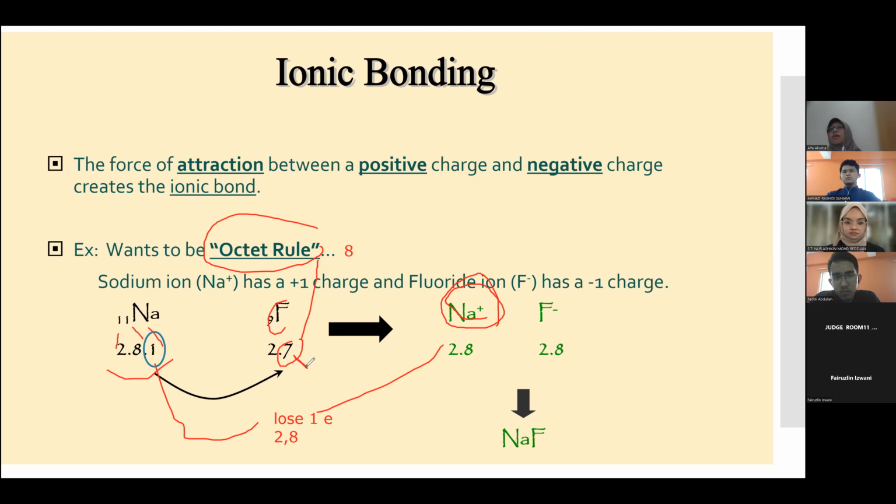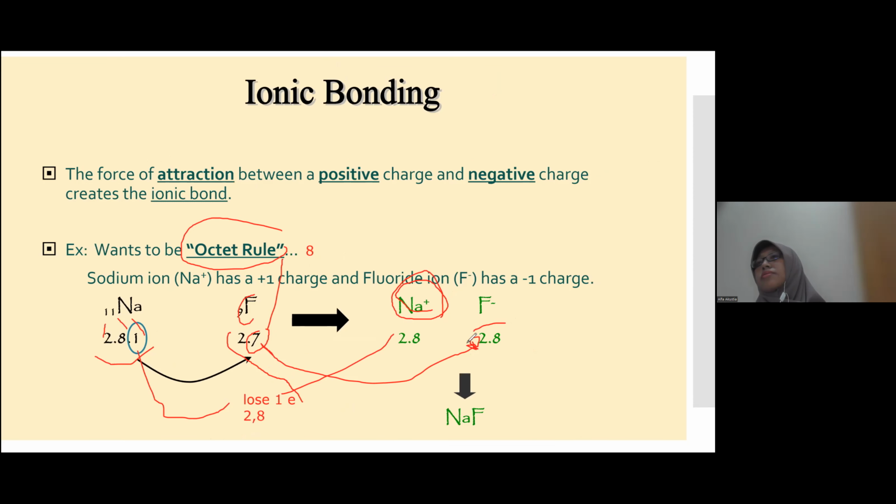It has to accept 1 electron to become 2 and 8. The sodium ion loses 1 electron and the fluoride ion accepts the electron from sodium to become 2 and 8. And now the sodium ion and fluoride ion are completely octet. There are 8 electrons in the valence shell.